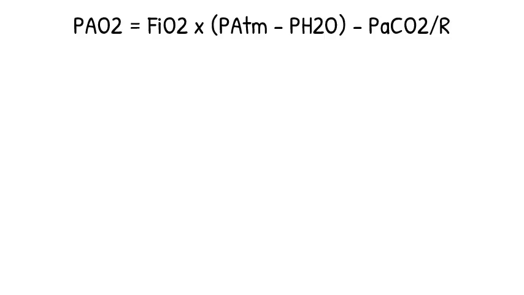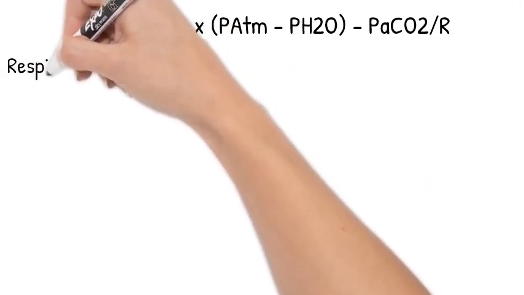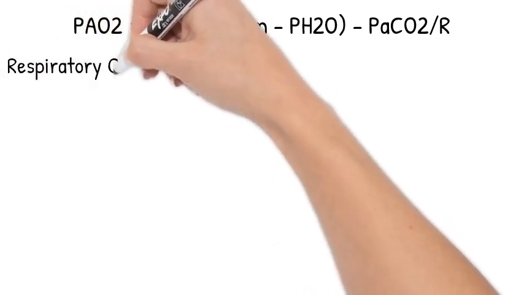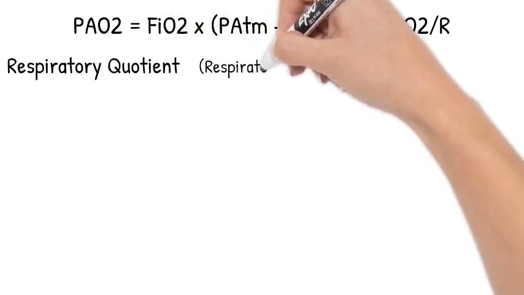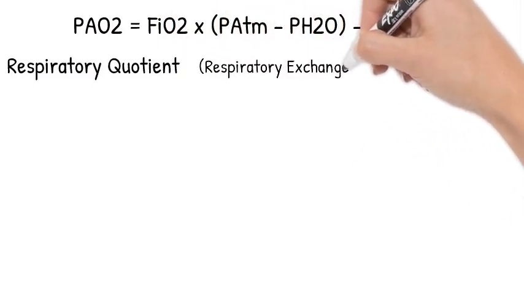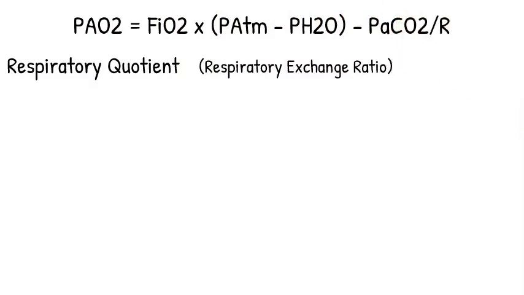The next concept that we need to understand in this equation, if you remember, the PaCO2 was divided by a constant called R, and that R is the respiratory quotient. It's also called the respiratory exchange ratio.